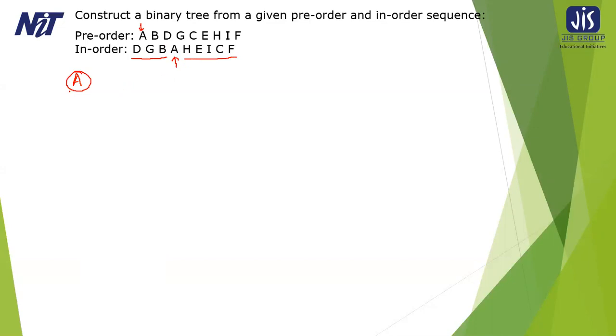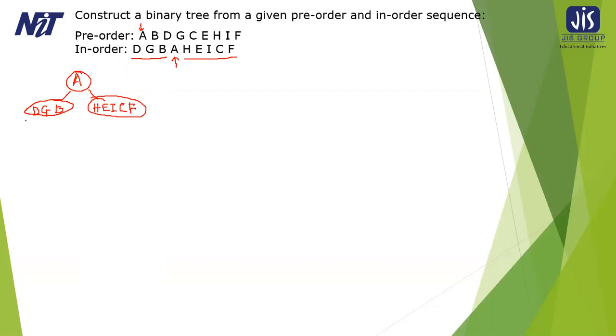So we can write down the left subtree part: D, G and B. And the right subtree part: H, E, I, C and F.